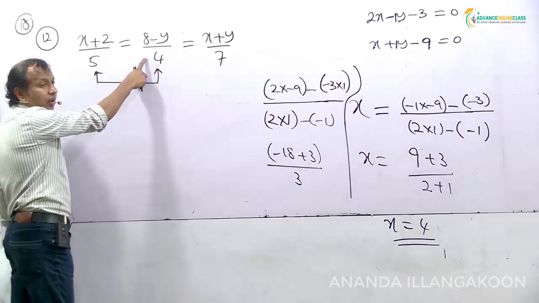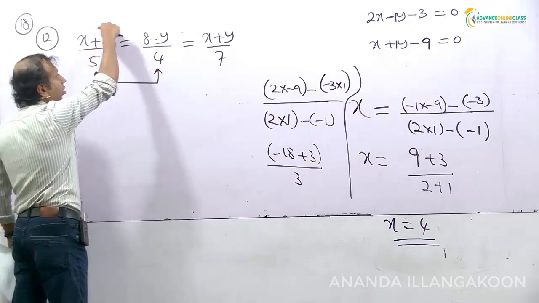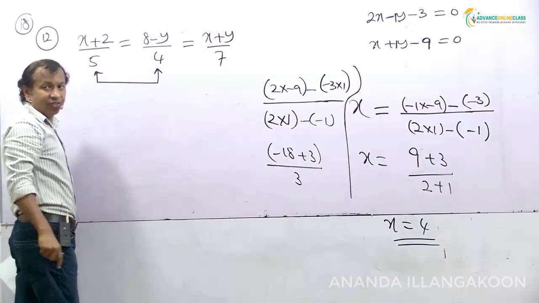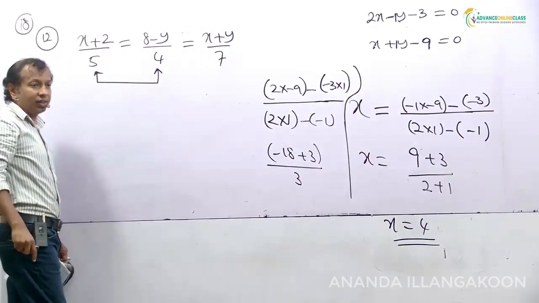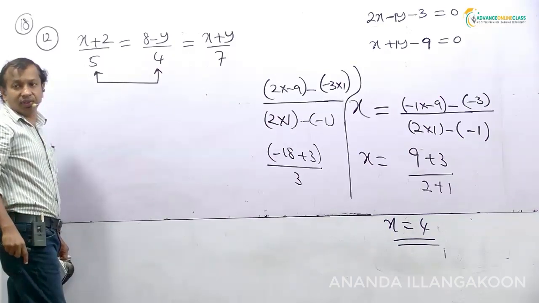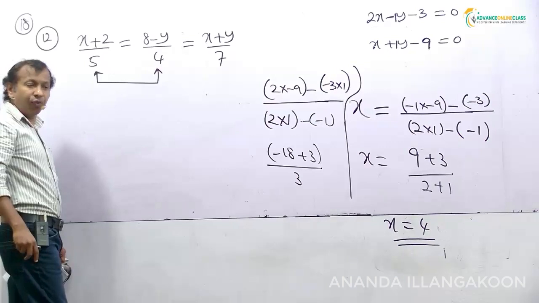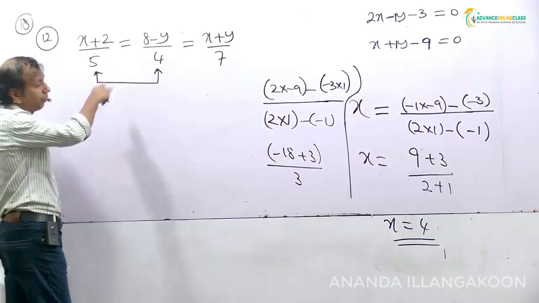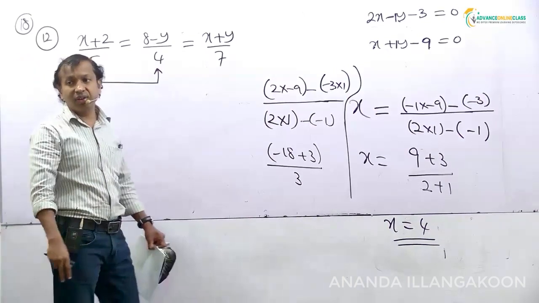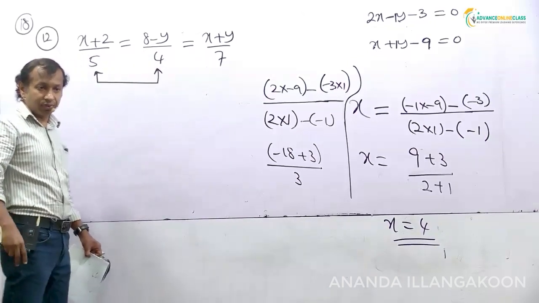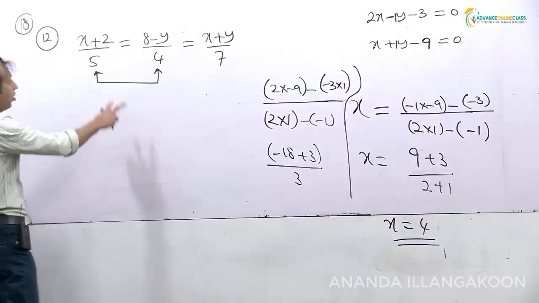Then you can equate either this and this or this and this. Whichever two you equate and take the equation, however you select the two expressions and form the equations, the final answers come out correctly. So therefore, the first thing is, you have to form two equations. Okay?